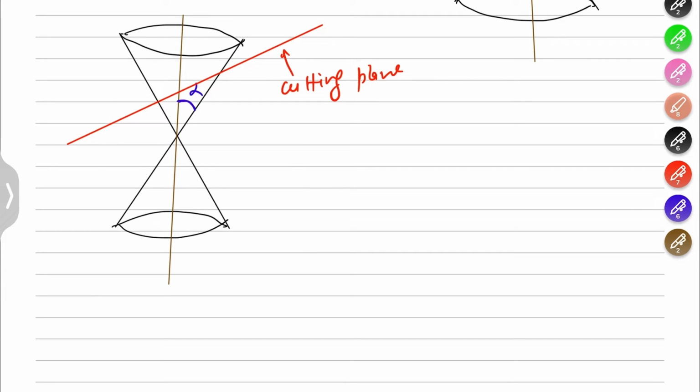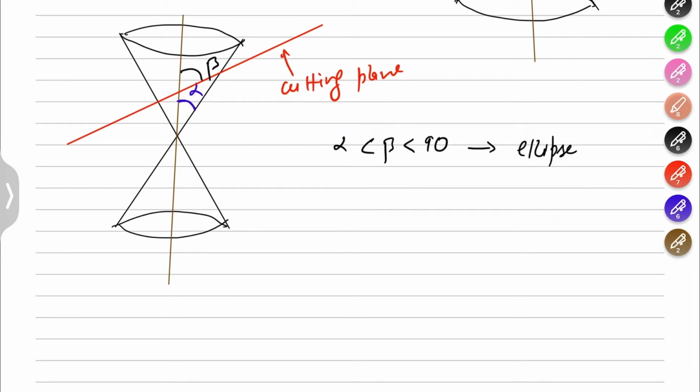So this angle is beta. Okay, so in this case, obviously beta is less than 90 degrees and greater than alpha. So in this case, we get the section as an ellipse.